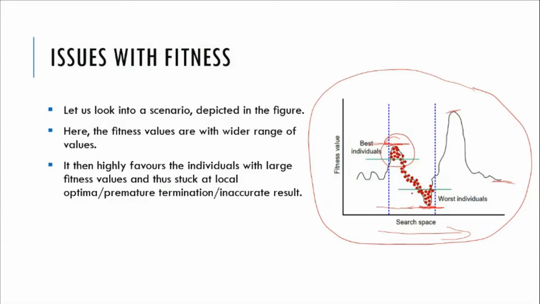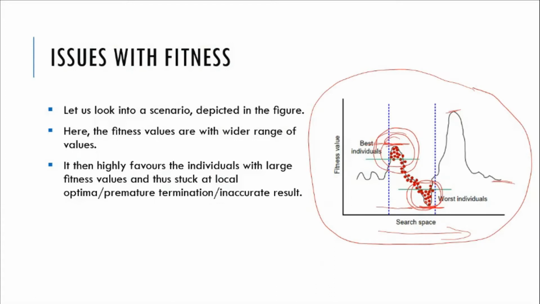So what happens is, when we do the selection procedure for the next generation, most of the individuals selected to transfer to the next generation will be from this position, or within this range. A very small number of individuals will be selected from this range, because the fitness value is very low.